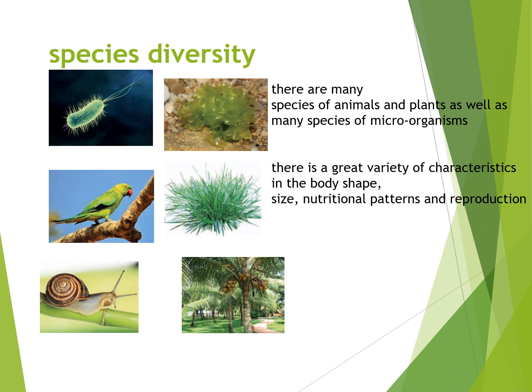So many species of animals and plants as well as many species of microorganisms we can take as species diversity. There is a great variety of characteristics in their body shapes, sizes, nutritional patterns and reproduction.